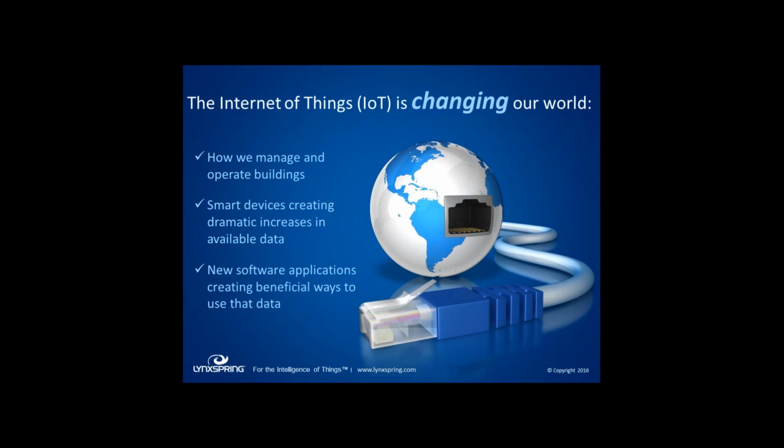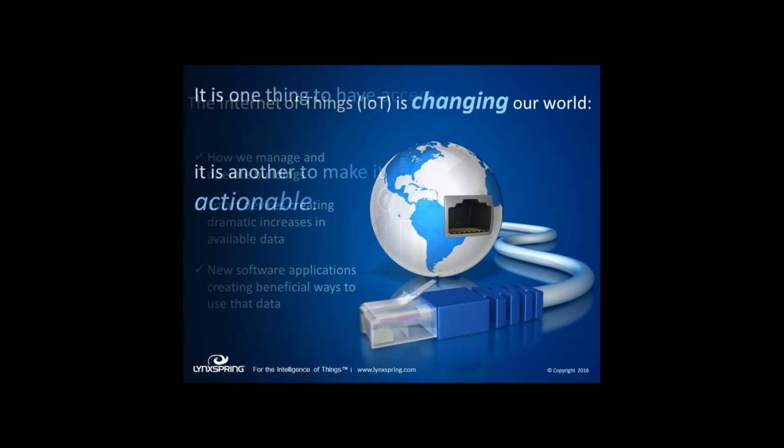While new software applications are creating new ways to benefit from that data, these advances are enabling a fundamental shift in how we manage or want to manage and operate our buildings, moving us from a traditional control strategy based on simple feedback loops that are internal to the building only, to more methodologies that inform operators and service providers about the actual functionality of a building and performance thereof, even in real time in some cases.